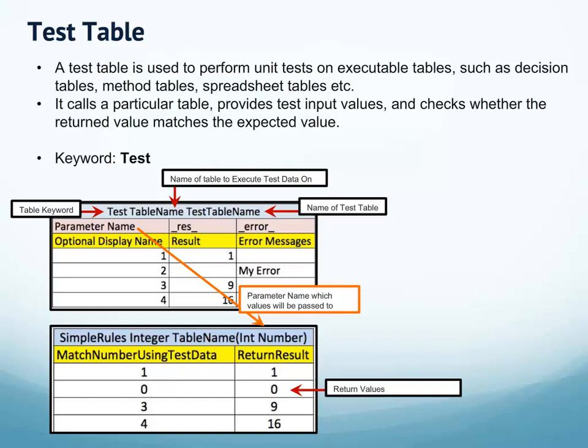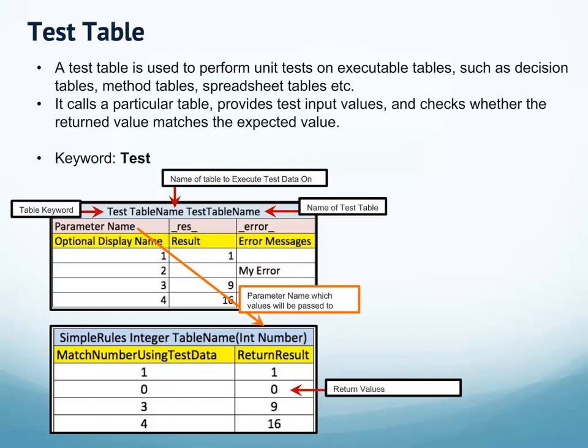You create this table which calls one of your other tables, but it provides those parameters, those test input values, and checks whether the returned value matches what you've expected, because you will enter in the input values, but you'll also enter into this table the values that you're expected to be returned.